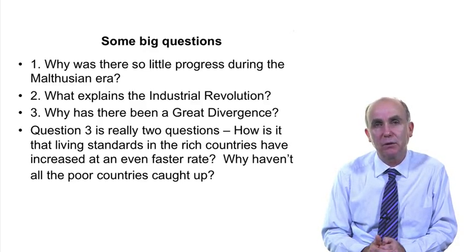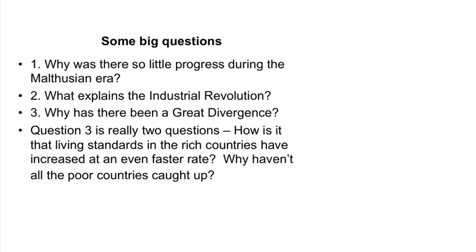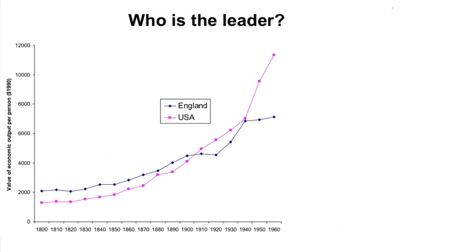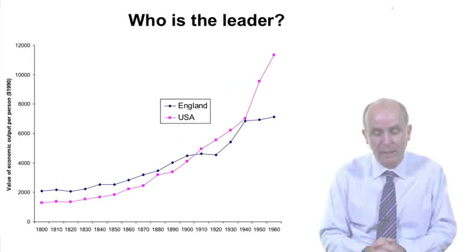And so I just wanted to talk a little bit more about some of the themes that we'll look at during that period. If we look at the period of the Great Divergence, there have been different leaders in the value of economic output per person.